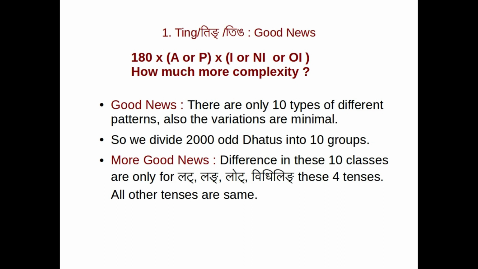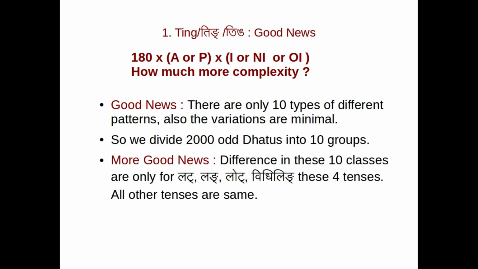Also, the variations are minimal. So we divide 2000 odd dhatus into 10 groups called gana. We have more good news.